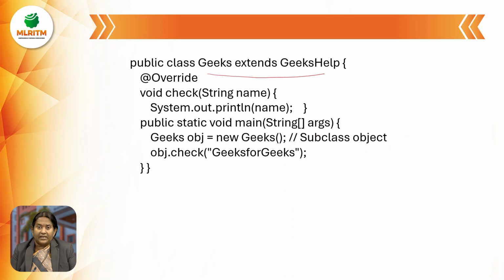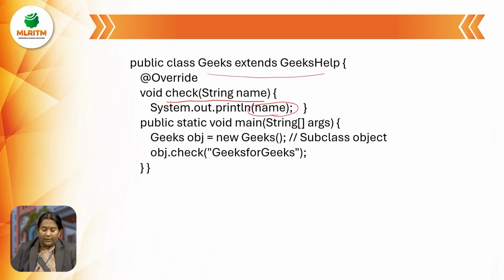When we extend, the methods which are in the GeeksHelp class can also be used in the Geeks class. Here again we take the same name, void check of String name, and we will write code here to print the name. That particular task we will perform in the subclass.